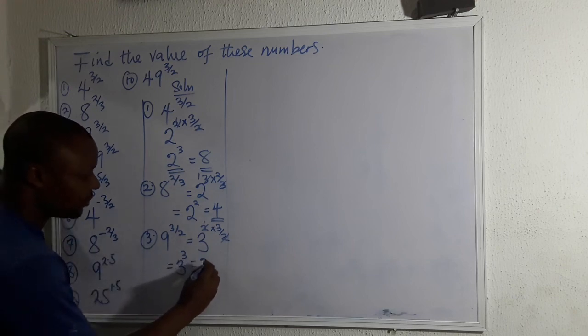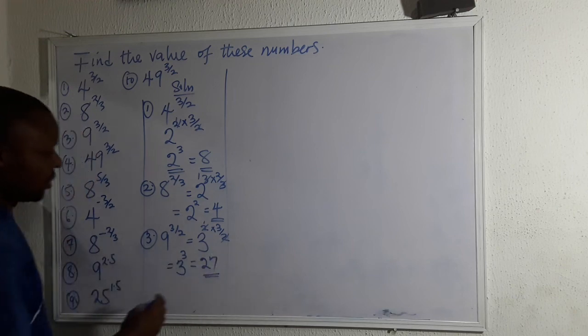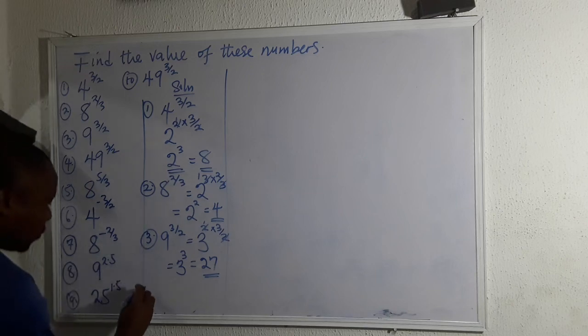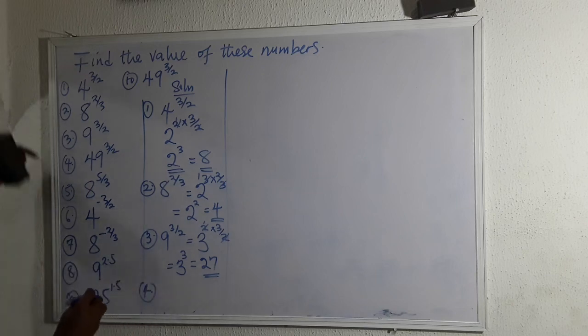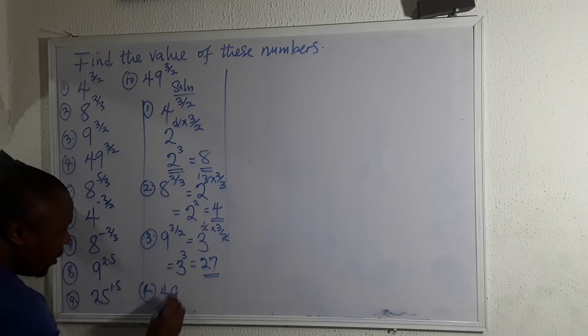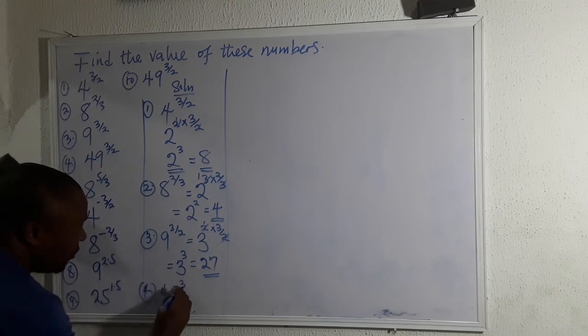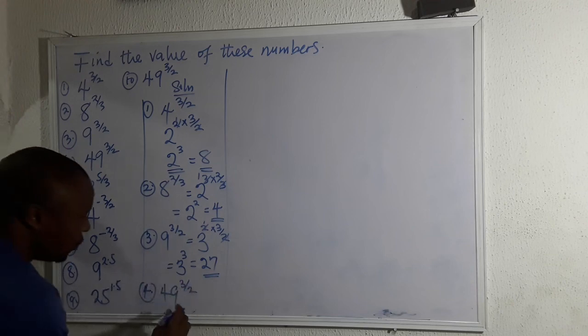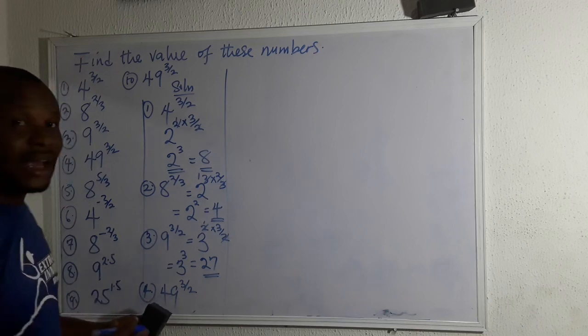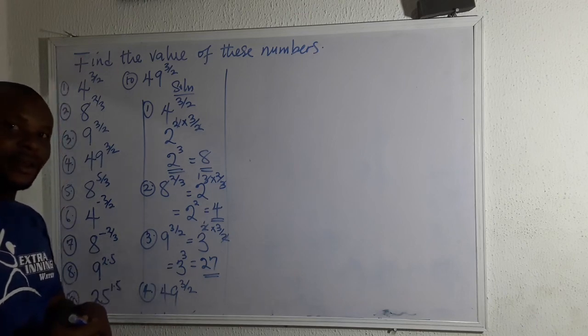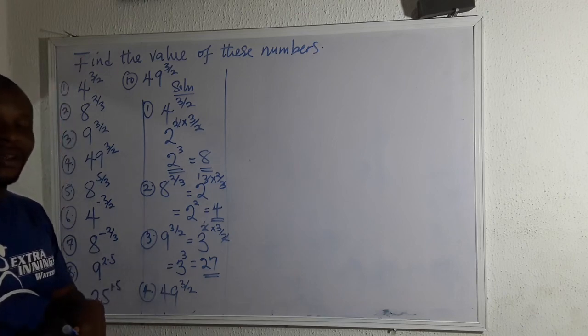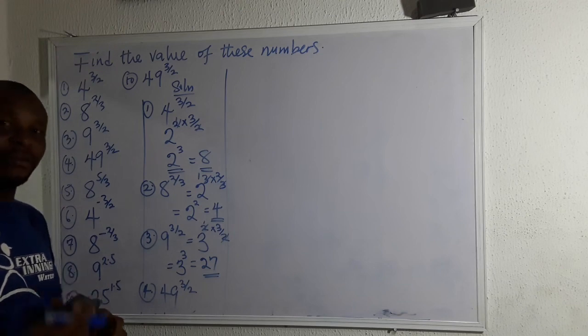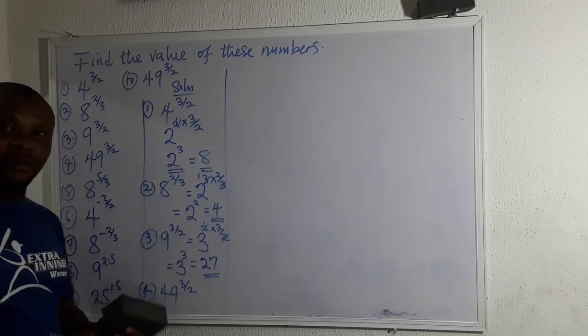So this is 27. Now, the fourth one is, very quickly, 49 raised to power 3 over 2. So we re-express 49 as 7 raised to power 2, because 7 times 7 is the same thing as 49.